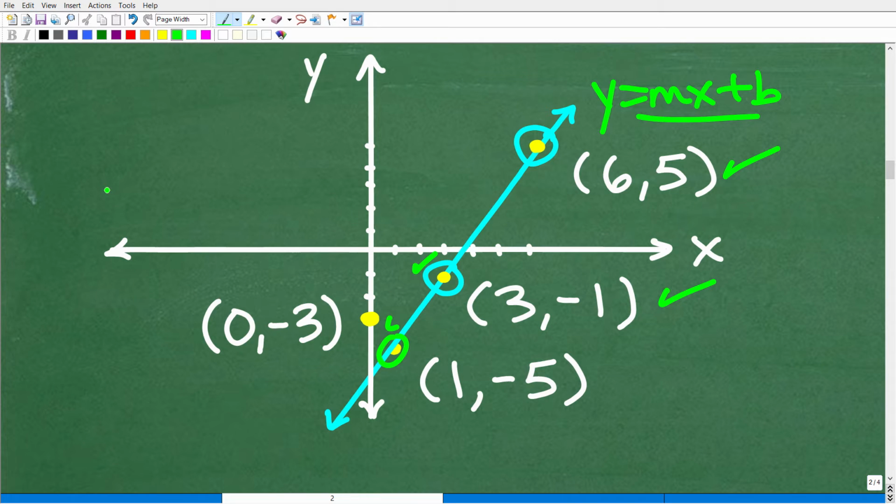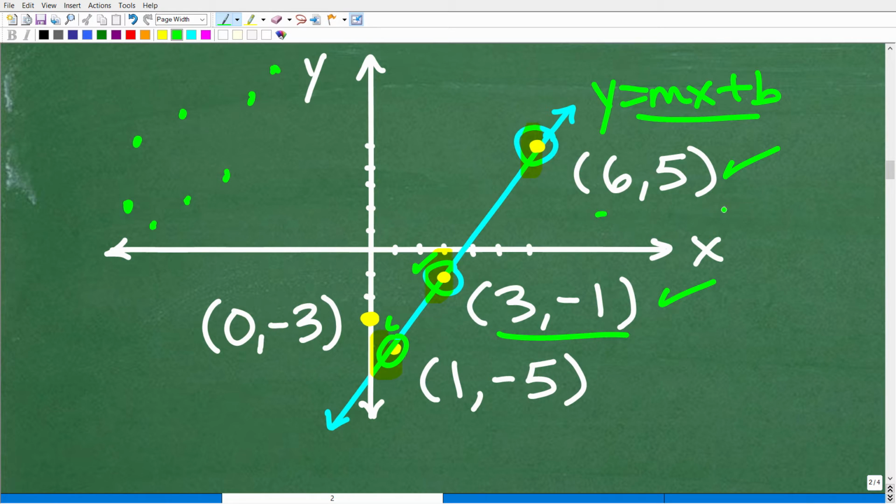But in most statistics or most scatterplot problems, this one's a very, very easy thing. It's not going to be so clear. The plots are going to be kind of like all over the place like this. So you're going to have to use your best judgment, and answers can vary, but they should be pretty close to one another. But in this particular case, I made this so obvious because I'm kind of assuming a lot of you been away from this for a long time, or maybe are just learning this for the first time.